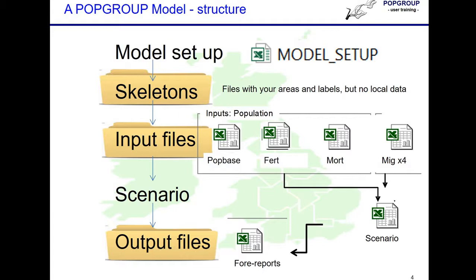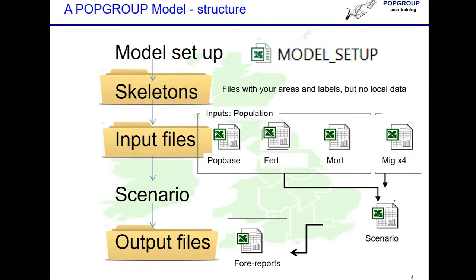Similarly, you will fill skeleton files of fertility, mortality, and migration with the data that you have, and save those in the input files folder. We usually have a pop base file, a fertility file, a mortality file, and 4 migration files reflecting in and out migration, firstly within the UK, and then in and out migration from outside the UK.